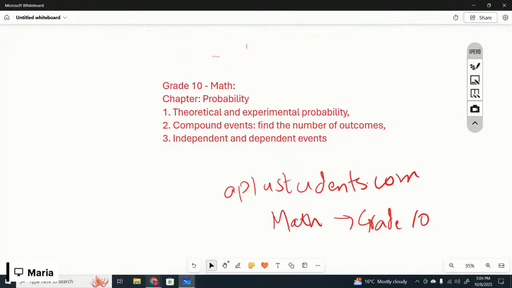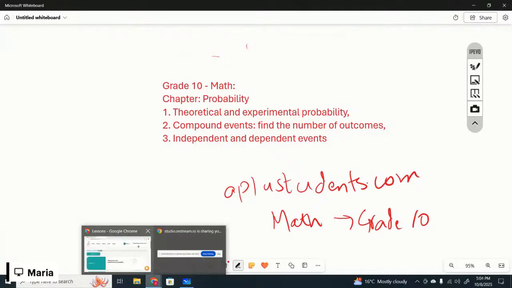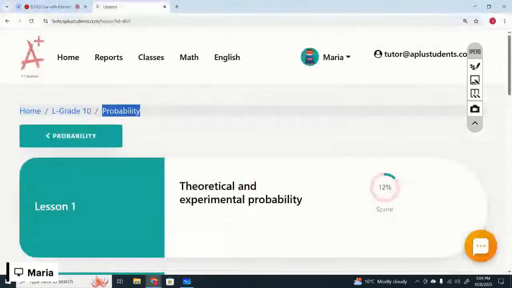Here I am on grade 10 math. The chapter we're on right now is probability. Let's just start with the first example, that is theoretical and experimental probability.